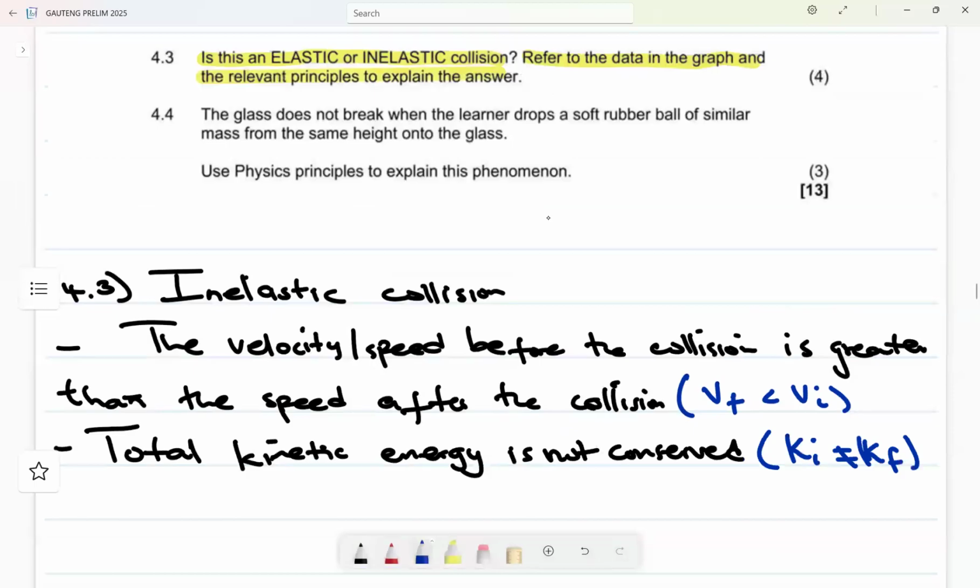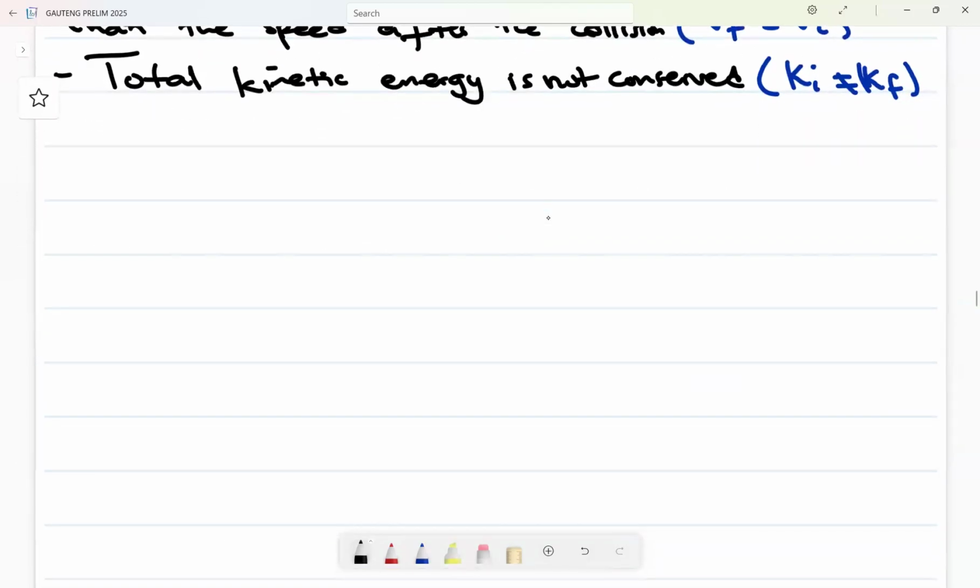And then on 4.4, they ask us why the glass does not break when the learner drops a soft rubber ball of similar mass from the same height. Okay, now remember the first one. The first one they used what? A steel ball. Okay, a steel ball has a greater force. But this one it is just a rubber ball, so it has less force.